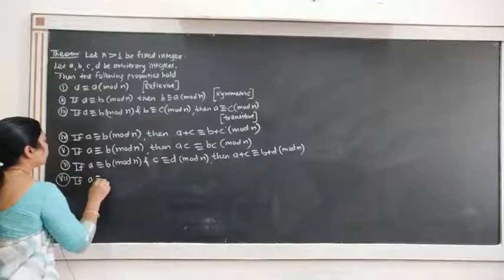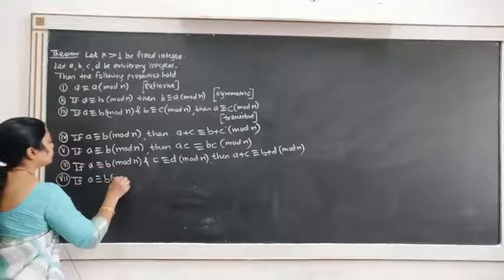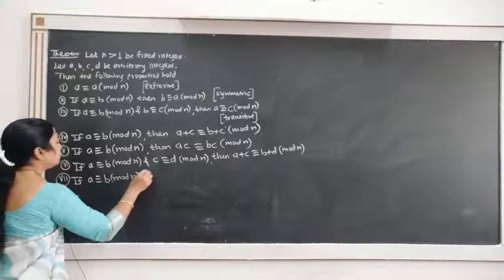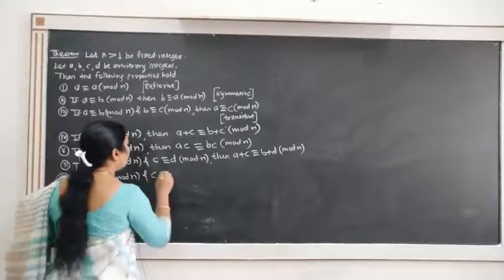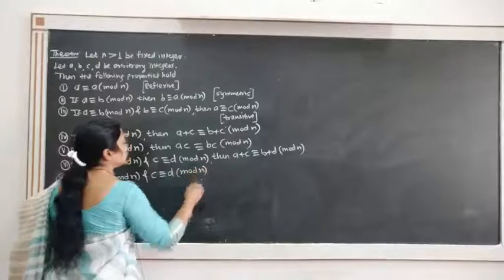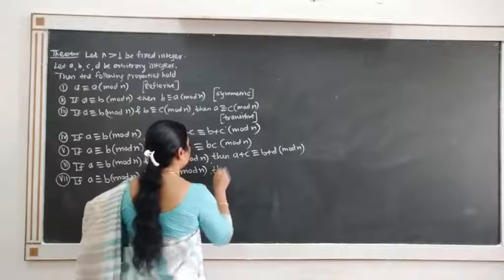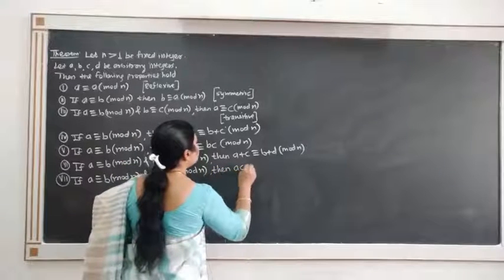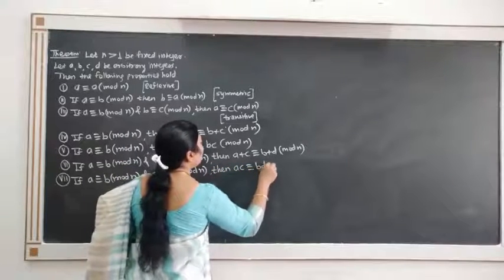If a is congruent to b mod n and c is congruent to d mod n, then ac is congruent to bd mod n.